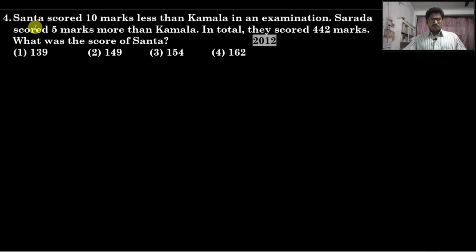Fourth. Shanta scored 10 marks less than Kamala in an examination. Sharada scored 5 marks more than Kamala. In total, they scored 442 marks. What was the score of Shanta?